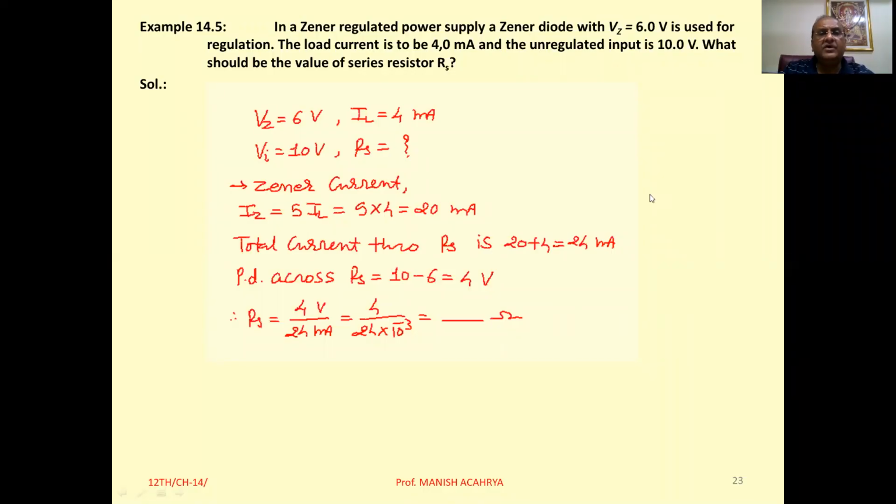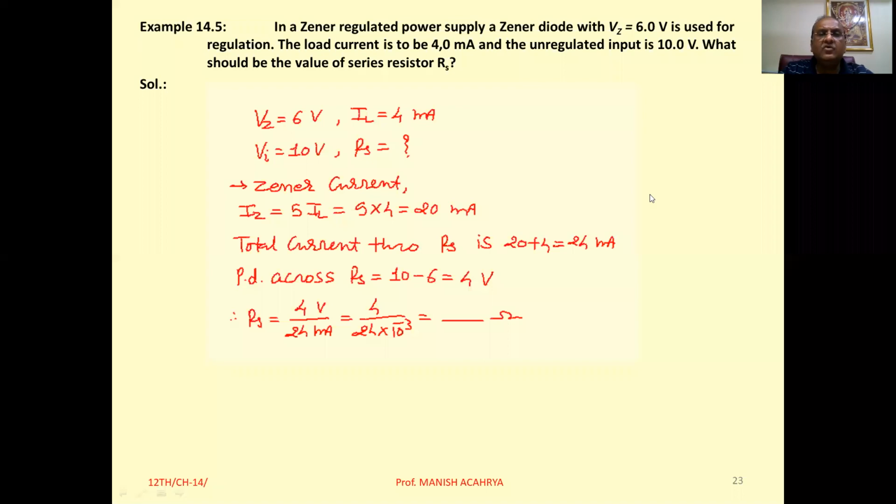Example 14.5. In a Zener regulated power supply, a Zener diode with Vz equal to 6 volt is used for regulation. The load current is to be 4.0 milliampere and the unregulated input is 10 volt.